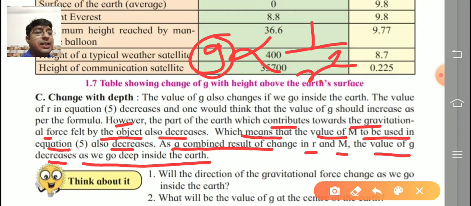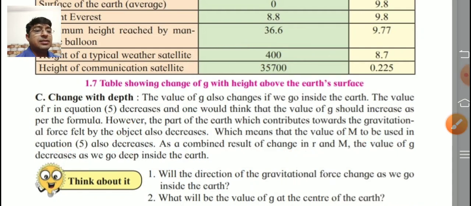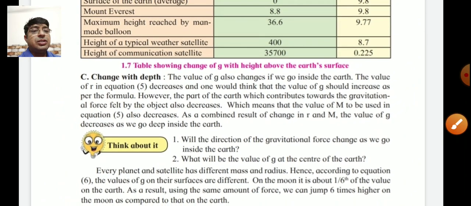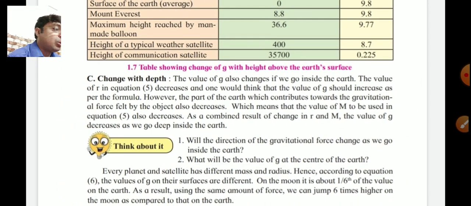Last sentence you underline. A change in value of R and M, the value of small g, that is acceleration due to gravity, decreases as we go deep inside the earth. This is a 3-mark question asked on this topic.